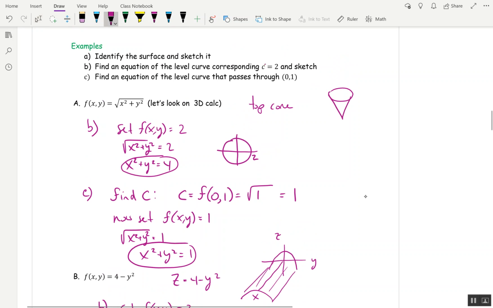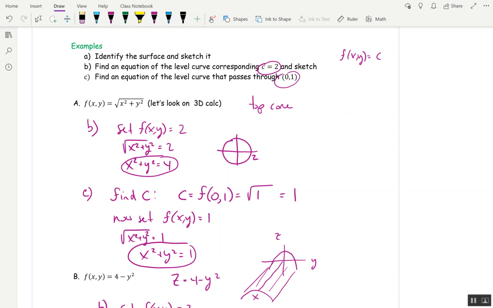I'll either give you C directly, in which case you're just going to graph the curve f of x, y equals C. Or I'll give you a point and ask you to find the equation of the level curve that passes through that point.